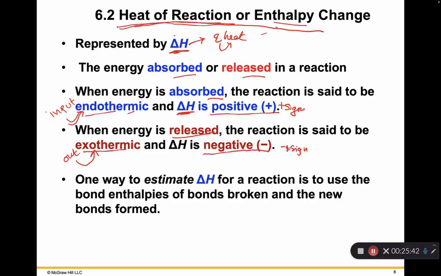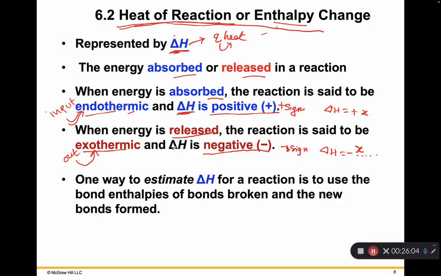Whatever the value, if the sign is positive, say positive X, or negative, say negative X, then negative is exothermic and positive means endothermic.